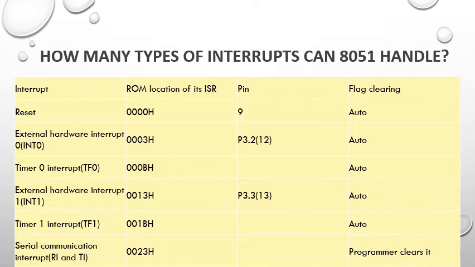The 8051 has a total of 6 interrupts, and each interrupt has a designated interrupt service routine, or interrupt handler, assigned to it. The interrupt service routine is a predefined code that is stored at a particular memory location in the read-only memory, which the microcontroller executes when the designated interrupt arises.